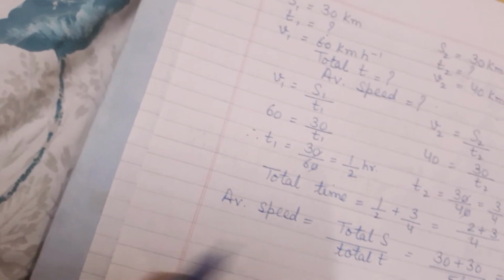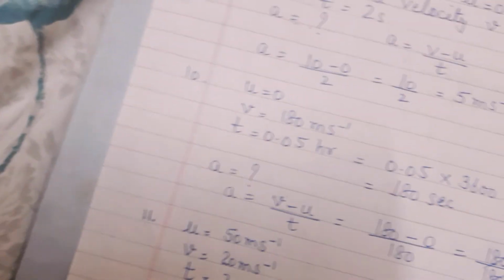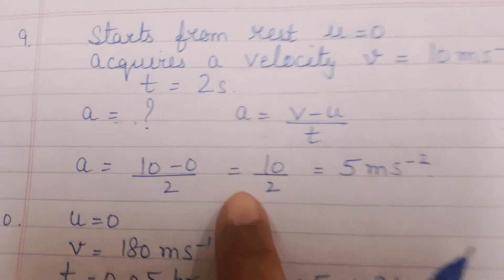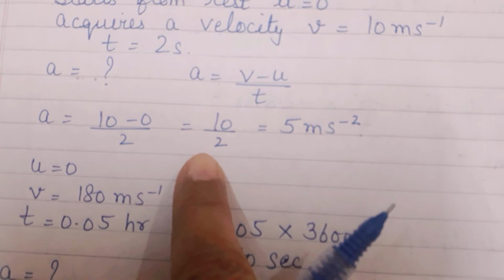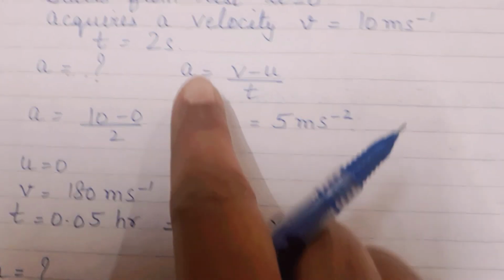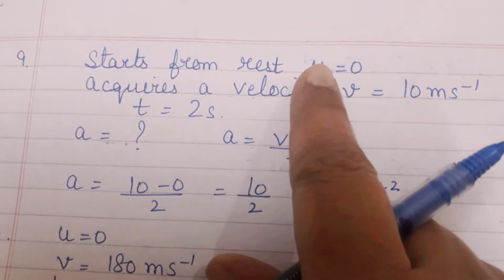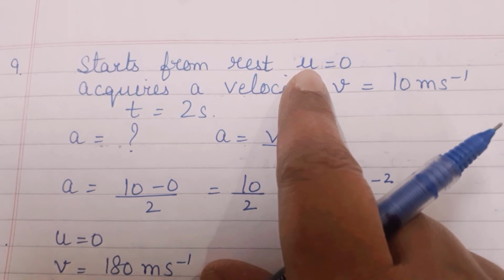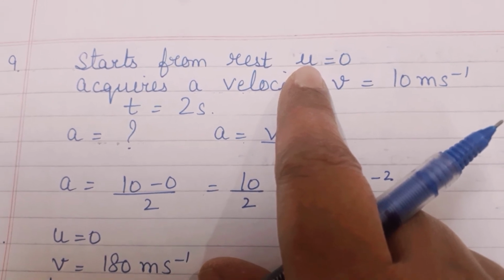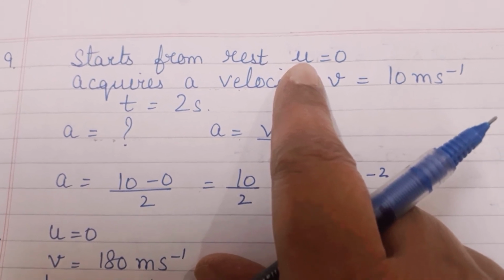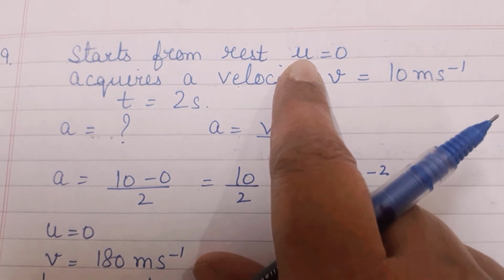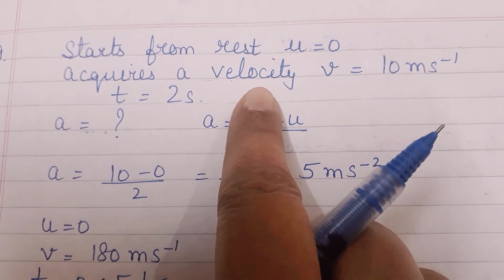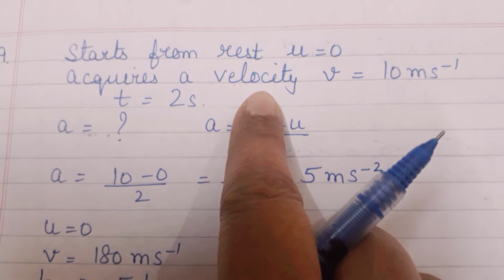Now I come to the next question, and that is the 9th numerical. In the 9th numerical, it has been mentioned that a body starts from rest. Remember, whenever a body is starting from rest, it means that the initial velocity u is equal to 0. And it has been given in the question that it acquires a velocity of 10 meters per second.